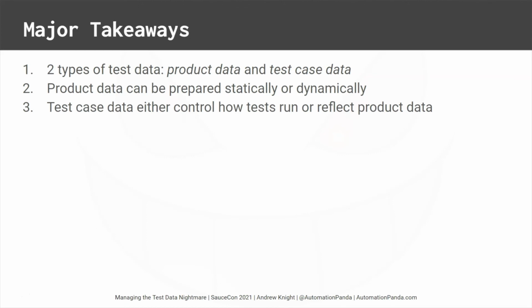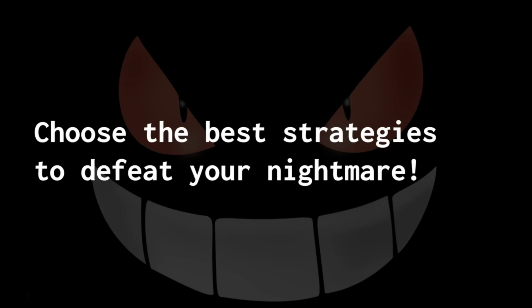Test case data either control how tests run or reflect product data. Handle references and shared data carefully. And overall, choose the best strategies to defeat your nightmares. Every product is different, and every team is different. Take the strategies I shared in this talk as suggestions.